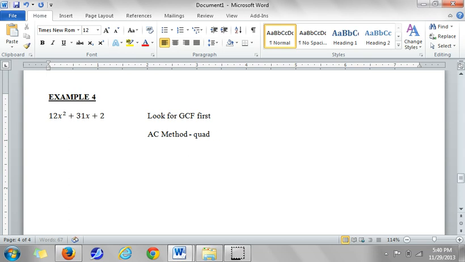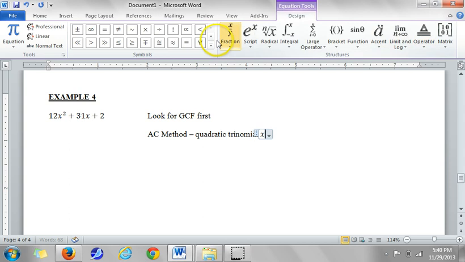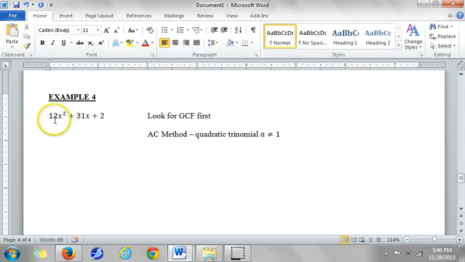It's a quadratic trinomial with an a value that is not equal to 1. Not x, I wanted that to be a. In this case, the a value is 12. So since this is a quadratic trinomial with the a value not being equal to 1, the AC method is a good systematic approach to use in order to try and factor this.